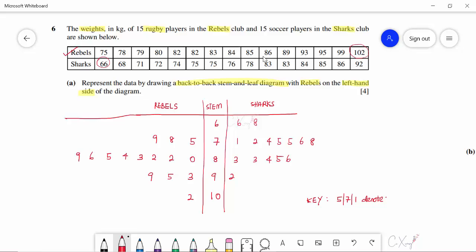So we can write like this: 75 kilo for the Rebels player, and then 71 kilo for the Sharks player. You have to write out the key with the correct unit after the back-to-back stem and leaf diagram. Usually the key will be given 1 mark. Okay, so this is what you have for part A.